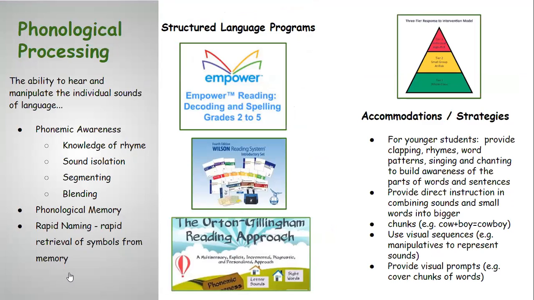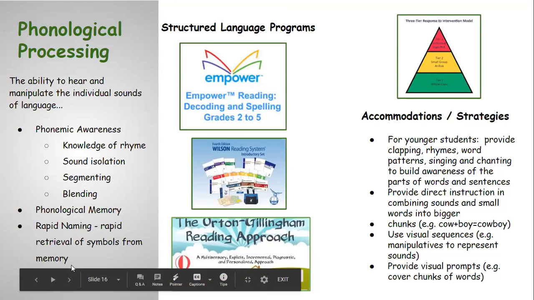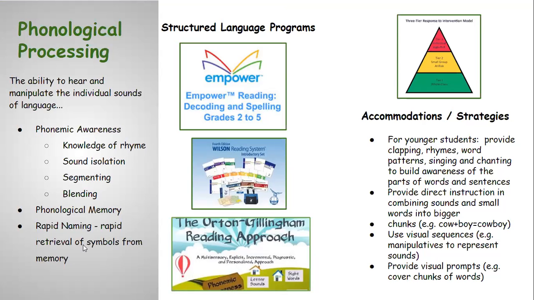So it looks at phonemic awareness, it looks at phonological memory, and also rapid naming. So students that have severe reading disabilities will generally have deficits in all 3 of these areas. And I know the students at Trillium generally have problems in all of these, which makes the nature of their learning disabilities very severe.